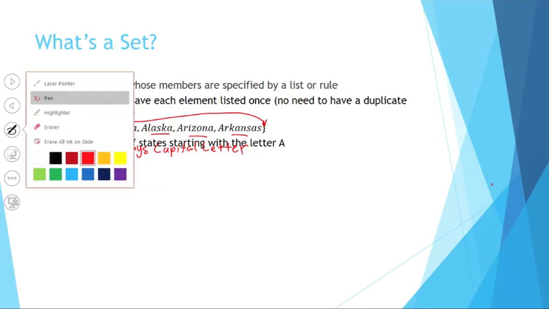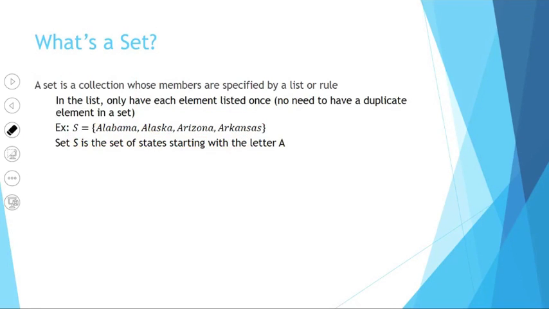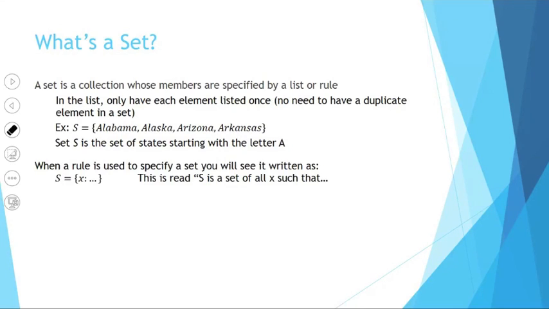Let's erase what's there. Set S is a set of states starting with the letter A, as we mentioned. When a rule is used to specify a set, you'll see it written like this. Here's more notation to be aware of. Notice the same thing, a capital S indicating the name of the set, and you've got your squiggly brackets.